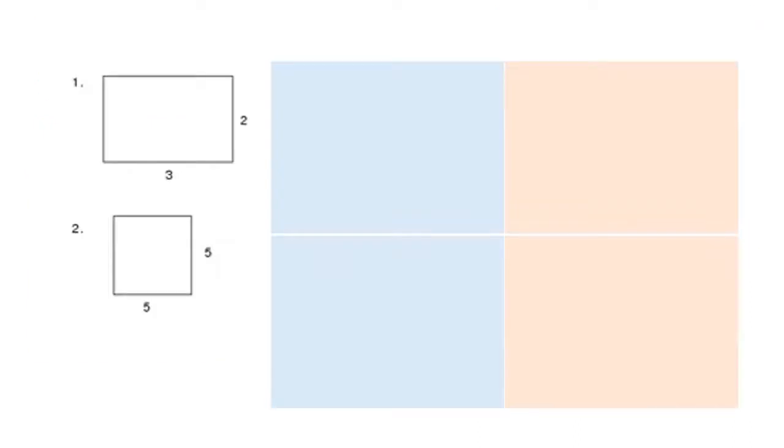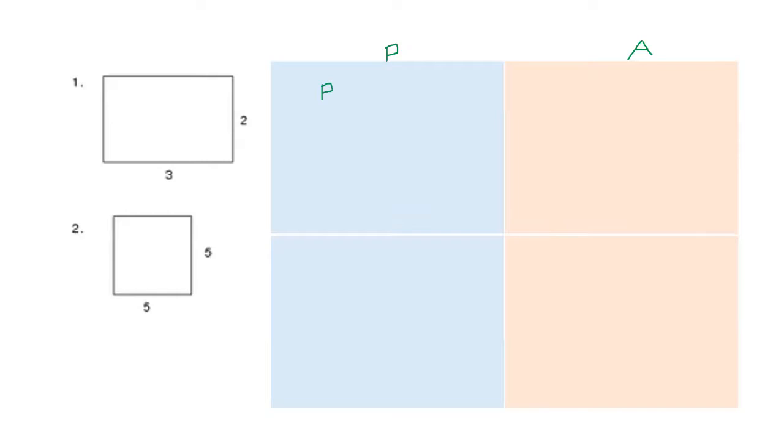All right. If we look at these two little rectangles, we'll use a simpler example so that you can see perimeter and area. So let's do perimeter in this blue box. Let's do area over here in the orange boxes. So we always start with a recipe.